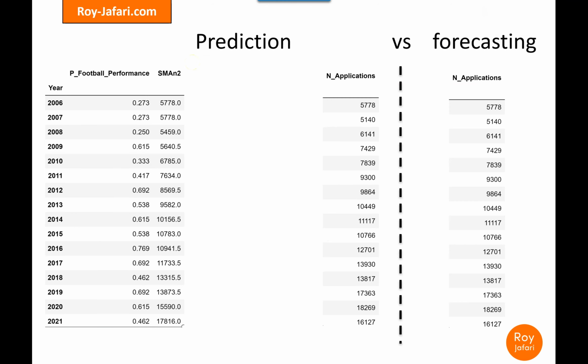And finally, as a summary of this video, the difference between prediction and forecasting is that prediction uses an algorithm, as you remember, to find the relationship between independent and dependent attributes. But in forecasting, there is no such independent attribute.